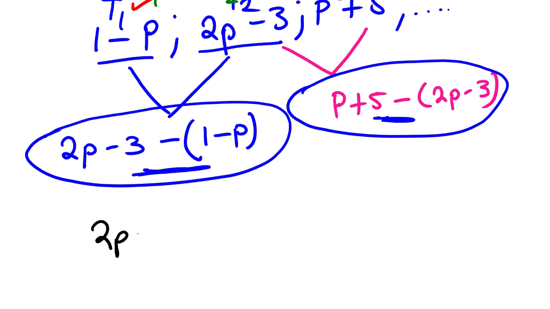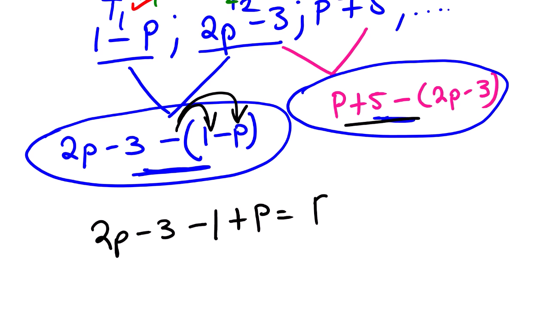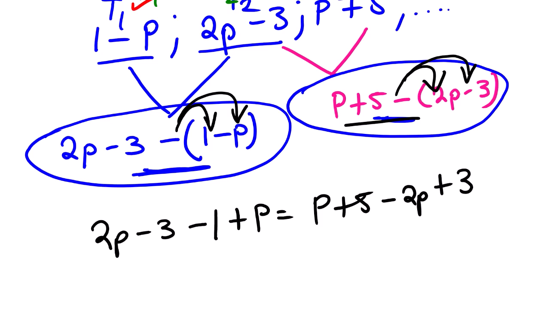So from here we can say 2p minus 3, we multiply this and this to simplify the bracket. So we are going to have negative 1 plus p, which is equal to p plus 5, and negative multiplied by this, it's negative 2p positive 3.